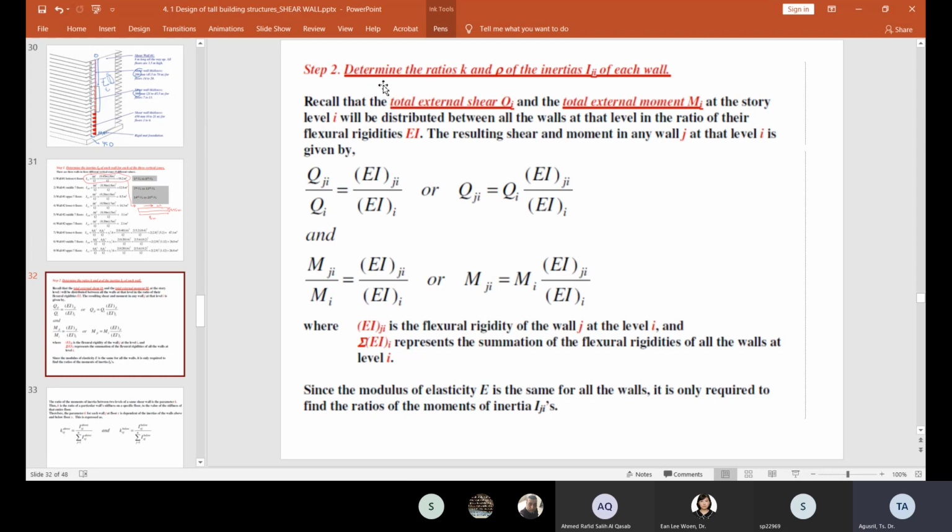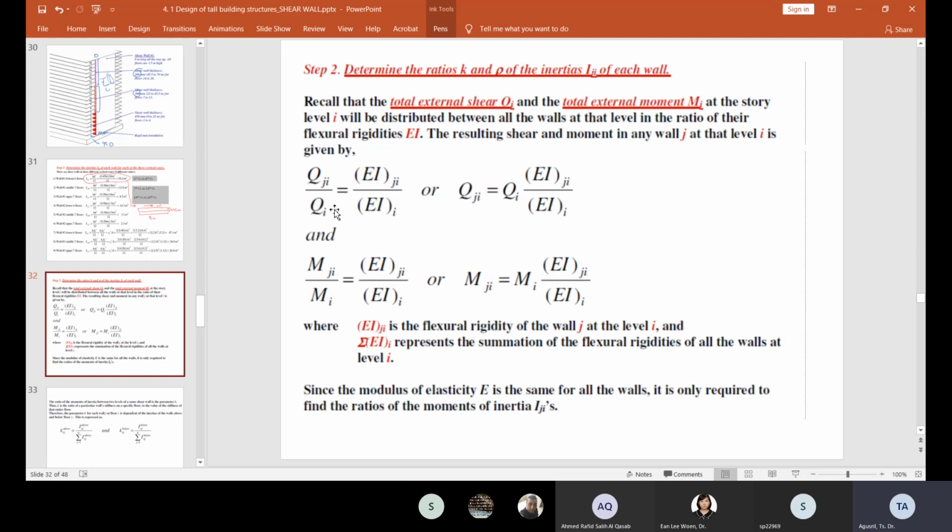So in order to get the QI and MI, the total external shear and total external moment, we need to know the flexural rigidity of each level of the building.